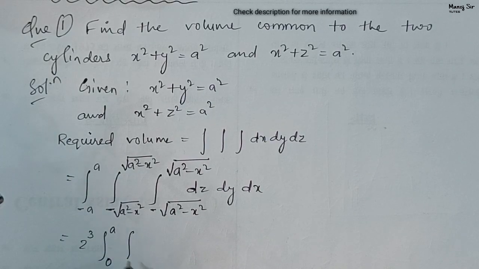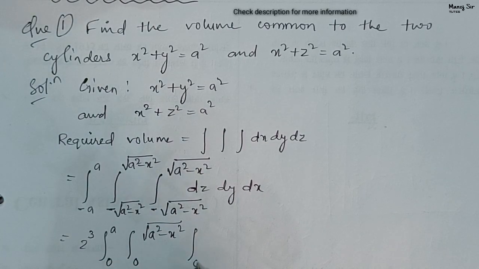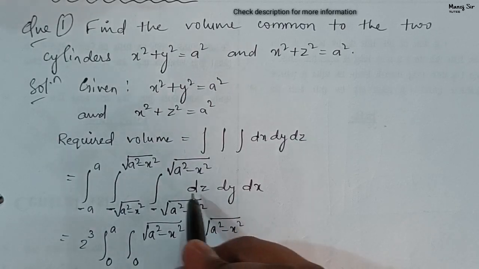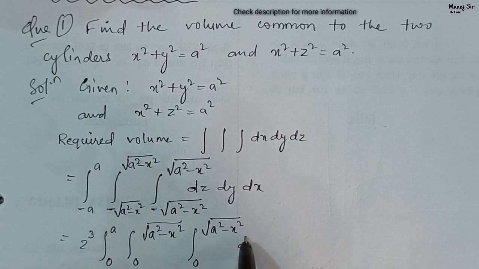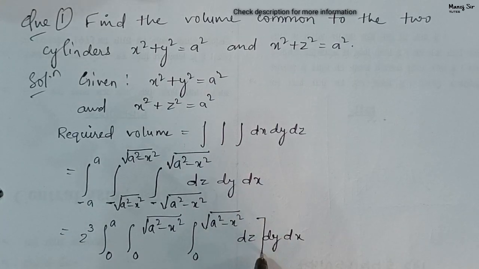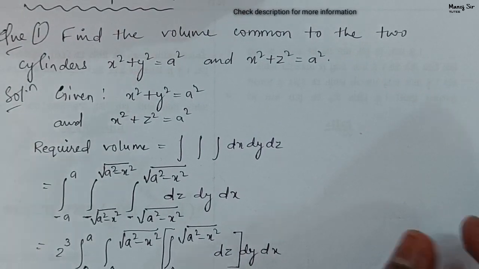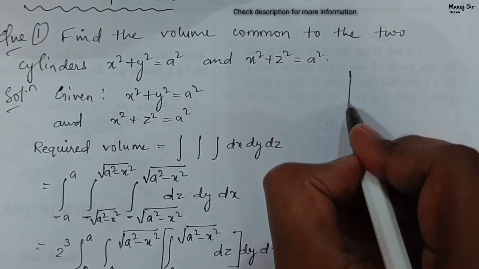And this can be written as 0 to root over of a square minus x square, and this can be written as 0 to root over of a square minus x square. Now this is as it is, that is dz dy dx. Now we can solve this part first, that is we are integrating with respect to z first, but before that we will try to draw the graph.